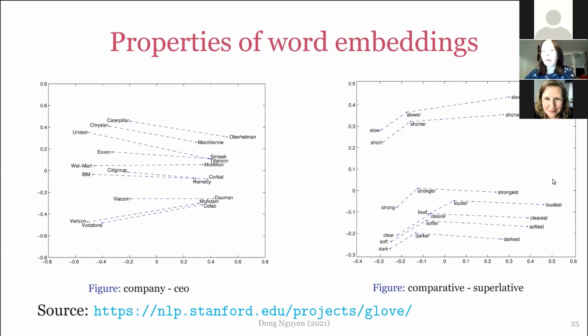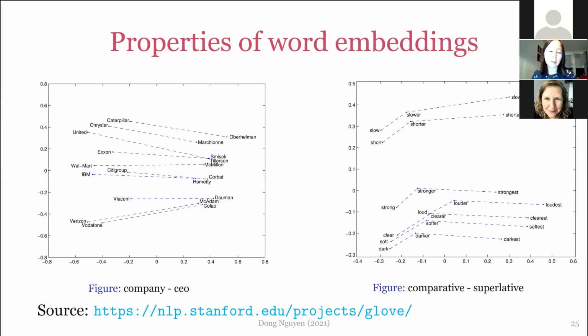So for example, here these are word embeddings from a method called GloVe. These word embeddings have many more dimensions, but we can also project them on a 2D plane. Here we see, for example, company and CEO words. If we look at them in a 2D plot, we see that the company words occur on the left and the CEO words occur on the right.